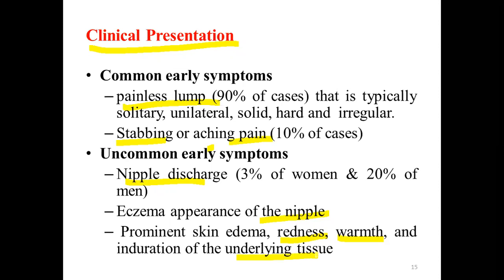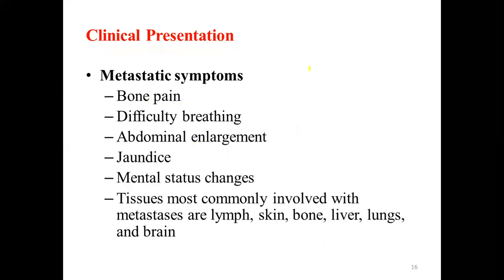That is why, during examination, we need to ask patients whether there is any lump anywhere around the breast. If they notice one, they are supposed to undergo a mammogram. A mammogram is one of the most common early screening methods in breast cancer.